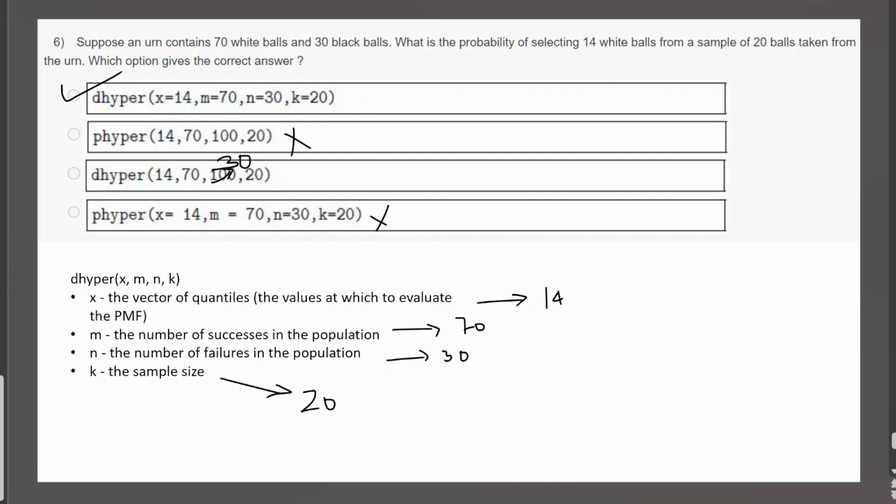The number of failures in the population is n, that is 30. Then the sample size is 20, the number of balls we are taking out of the 100. So when we substitute all these things, the only option that is close to this is A, this option.